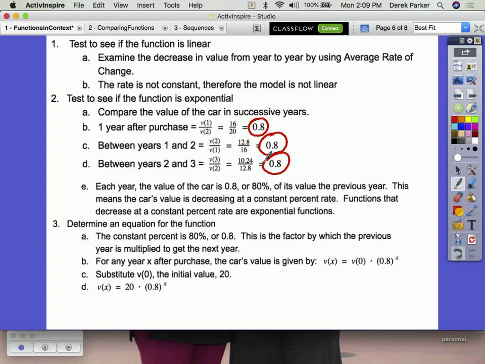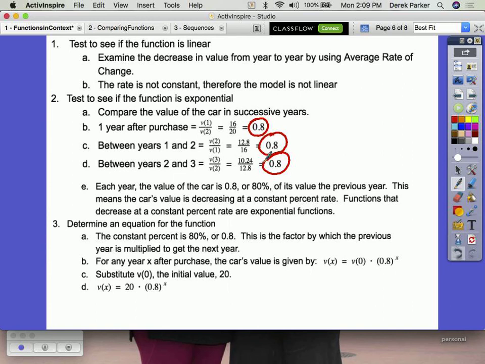Determine an equation for the function, step 3. The constant rate is 80%. This is the factor by which the previous year is multiplied to get the next year. For any year x after the purchase, the year's value is given by V of x, which equals V of 0 times 0.8 to the x power.